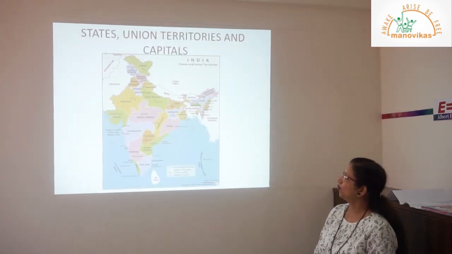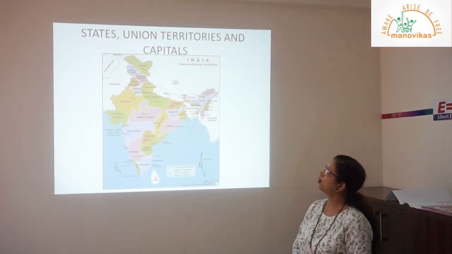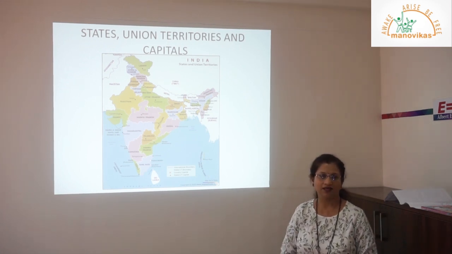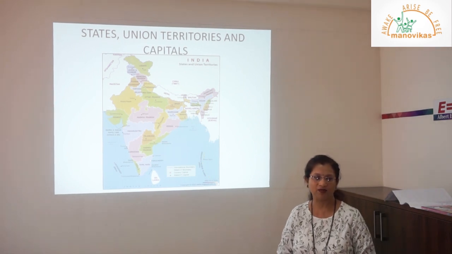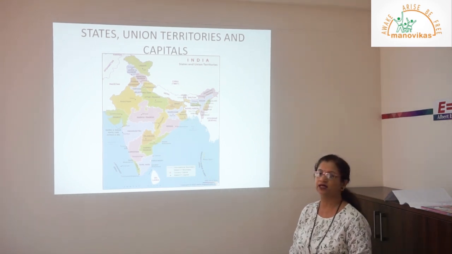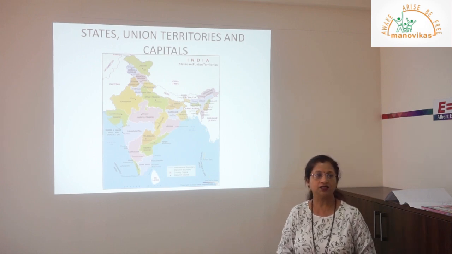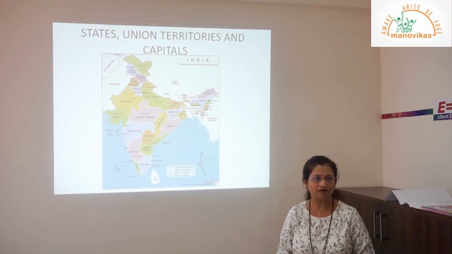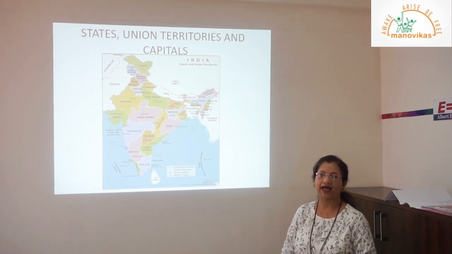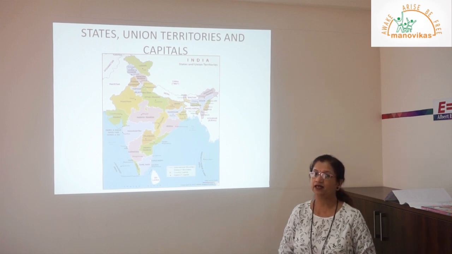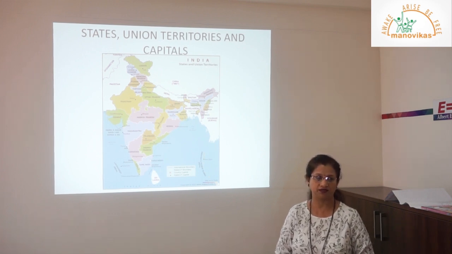Next, when we learn about India, we learn about a lot of things. Like we learn about the states, we learn about the union territories, we learn about the capitals. So now what is a state? For example, you live in the state of Goa. In the same way, we have 28 states in India and 9 union territories.